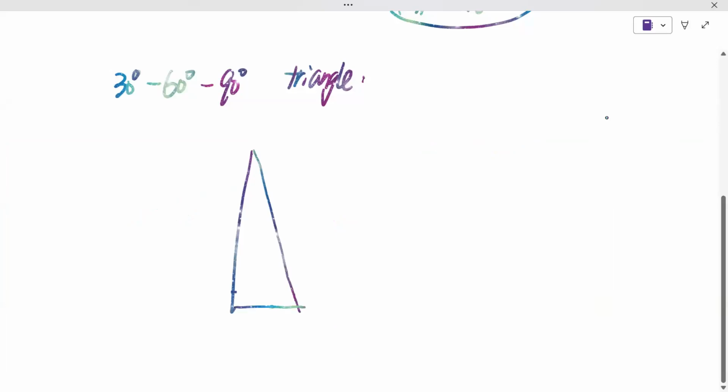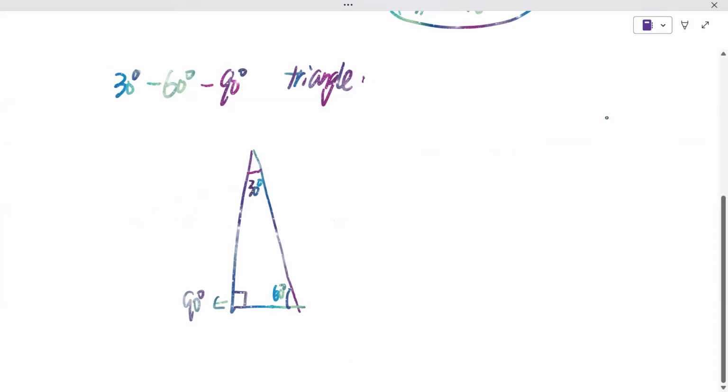Let's say this is 90 degrees, meaning this is perpendicular to that. And let's say this is a 30-degree angle, this is a 60-degree angle, and this is a 90-degree angle.